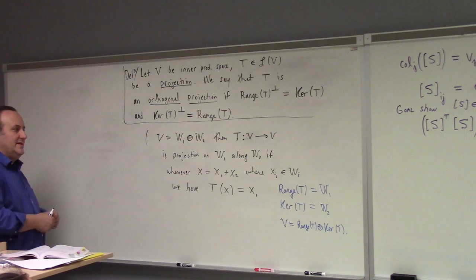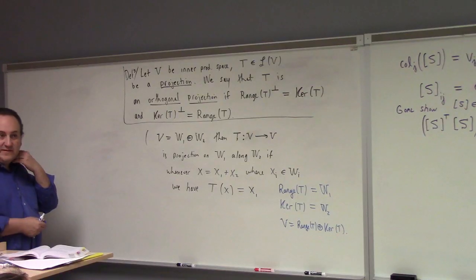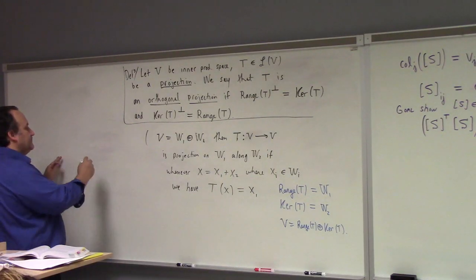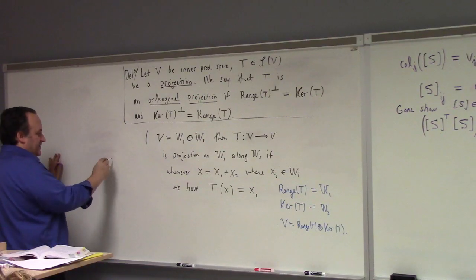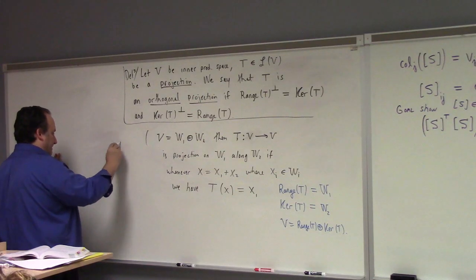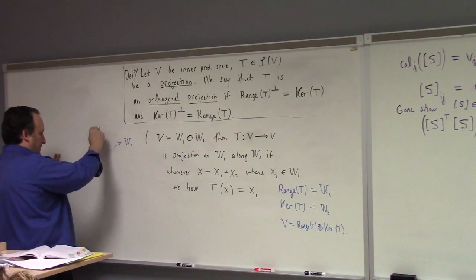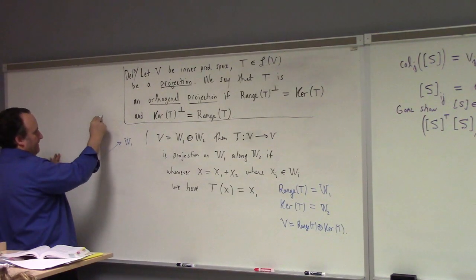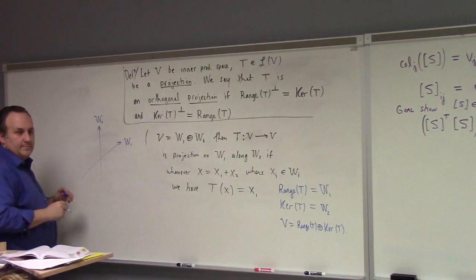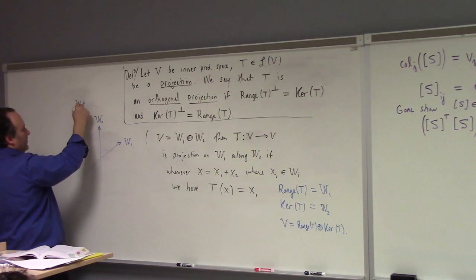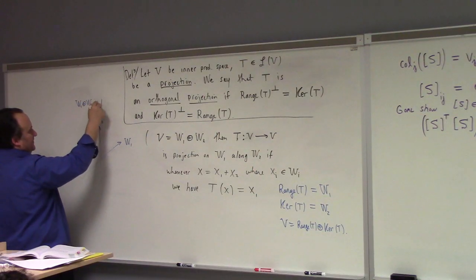However, it doesn't have to be the case that this plays nicely with the concept of orthogonal complement, right? For example, let's do a two-dimensional example. This could be W1, and this could be W2, as W1 plus W2 is R2, right?